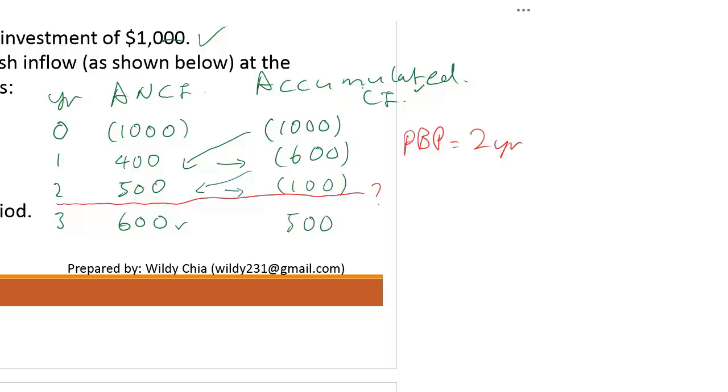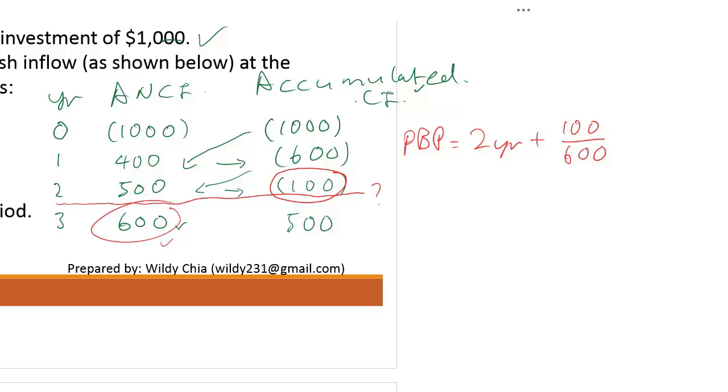Watch here. At end of year 2 you need another 100, but then come to year 3 you get a positive accumulated cash flow of 500. But in year 3 you'll be getting back 600 in total. So your total payback period would be 2 years plus 100, which is what you need additional at end of year 2 to achieve payback, divided by 600, which is the total cash flow that you achieve in year 3.